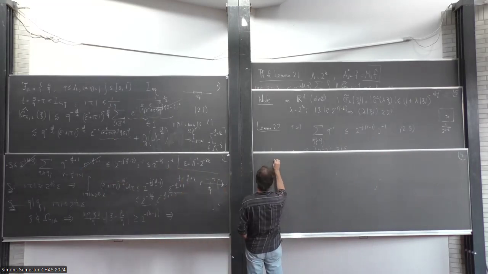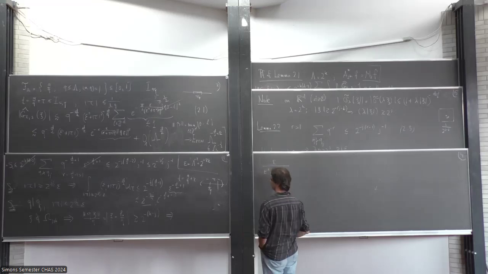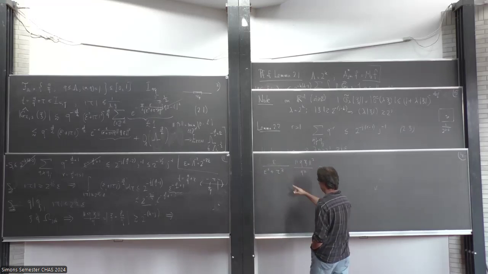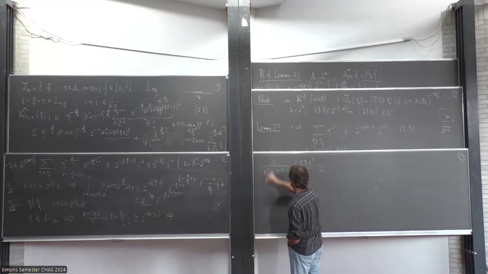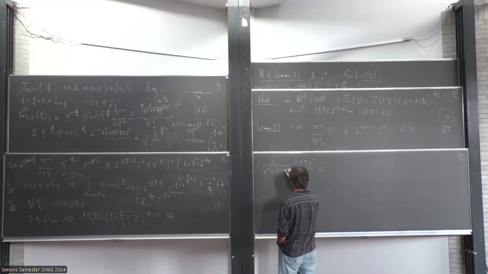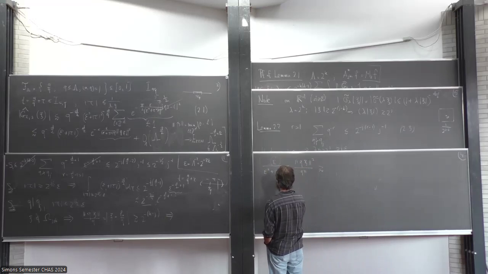So then epsilon squared tau squared, let me put it this way, q_c squared over q squared would be bigger. So how large is epsilon? Well, that's 2 to the minus 2k. Tau squared is at most 2 to the j over 2 epsilon.